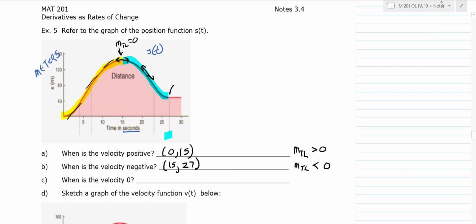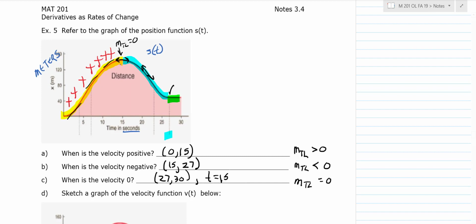Okay, when is the velocity 0? The velocity is 0 when the slope of the tangent line is equal to 0. So that looks like that occurs from 27 seconds to 30 seconds. What you want to look at is positive velocity here, because you have a positive sloping tangent line. The velocity is also 0 at time equals 15 seconds. So that's one other place where the slope of the tangent line is 0.